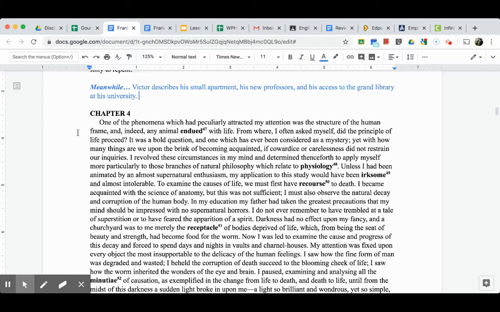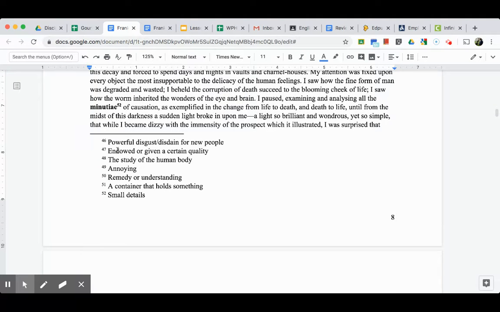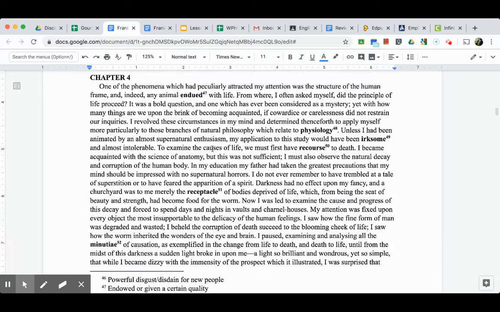Chapter 4. "One of the phenomena which had peculiarly attracted my attention was the structure of the human frame, and indeed any animal endued with life." Remember, if we're not sure about a word, we go down: endowed, or given a quality. "From where, I often asked myself, did the principle of life proceed? It was a bold question, and one which has ever been considered a mystery.